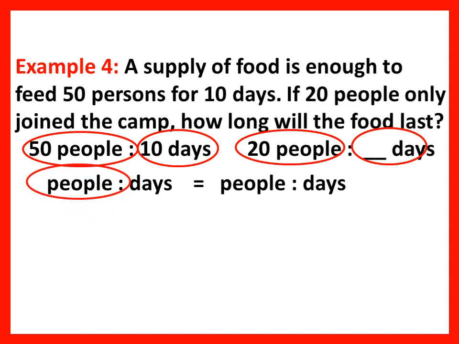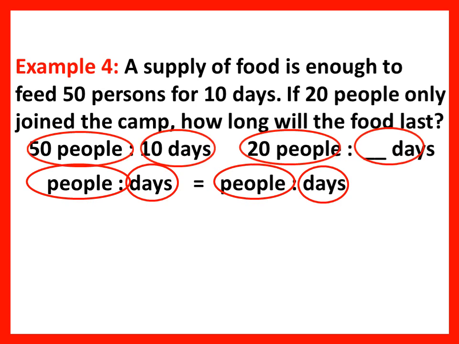So the number of people, from 50 it becomes 20, so that is decreasing. For the number of days, what will happen? So let us write first the given.